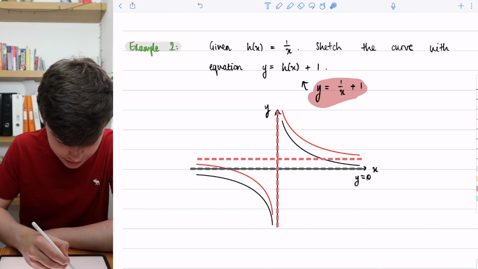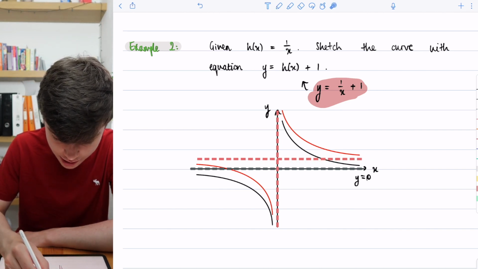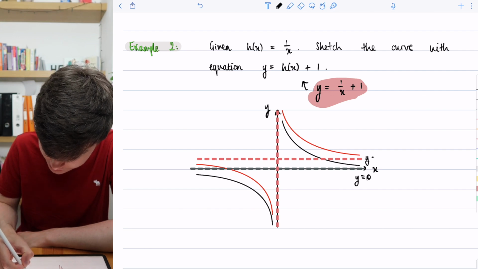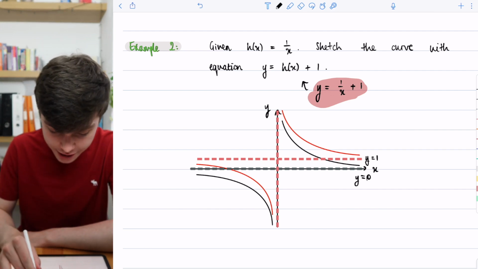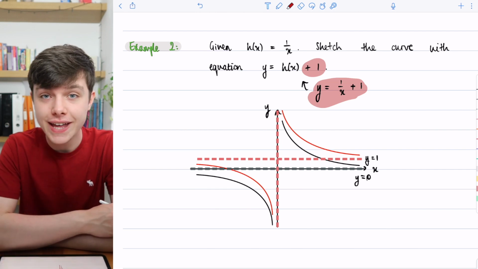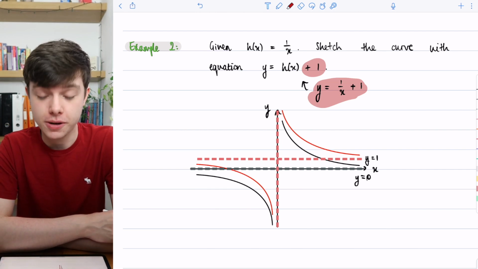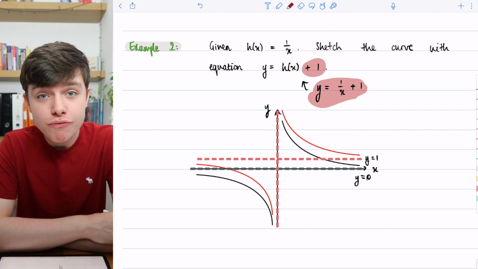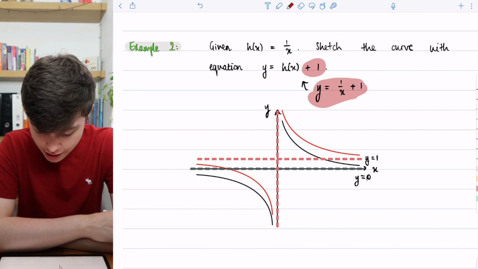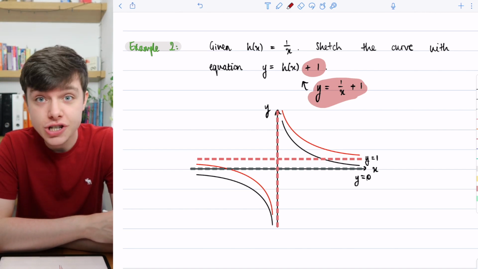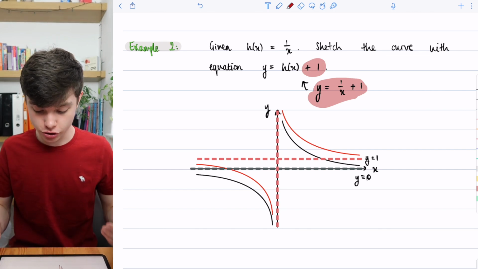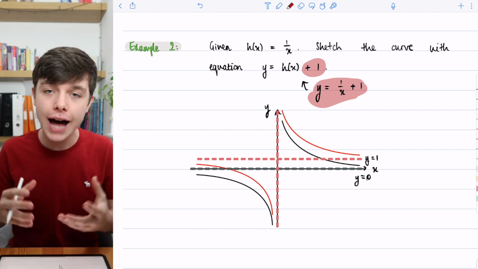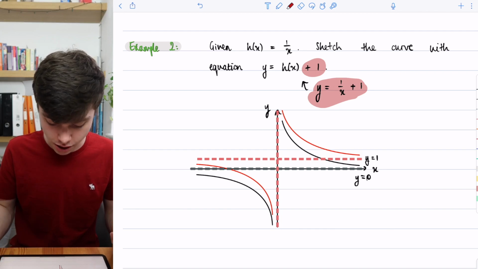So our new asymptote is going to be y is equal to 1, because we had a +1 on the end of our equation. And then that really is everything that we have to do to sketch our graph. We're just translating the graph, and we're translating our asymptotes as well.